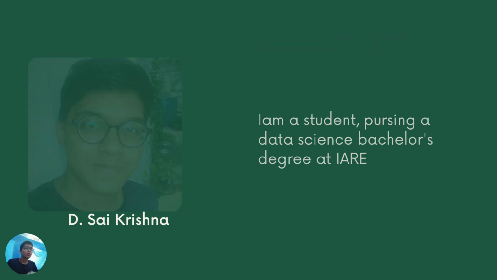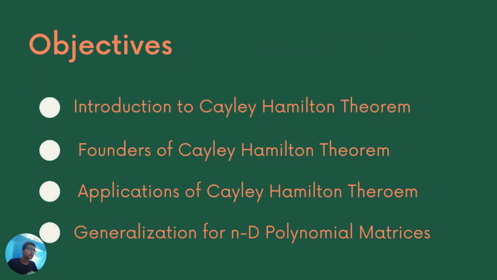Now let's move on to the objectives of today's presentation. The first objective is an introduction to the Cayley Hamilton theorem. First, we will learn what the Cayley Hamilton theorem is and what its formula is. Next, we will look at the founders of the theorem, since we need to respect the people who discovered it. Next, the applications of the Cayley Hamilton theorem.